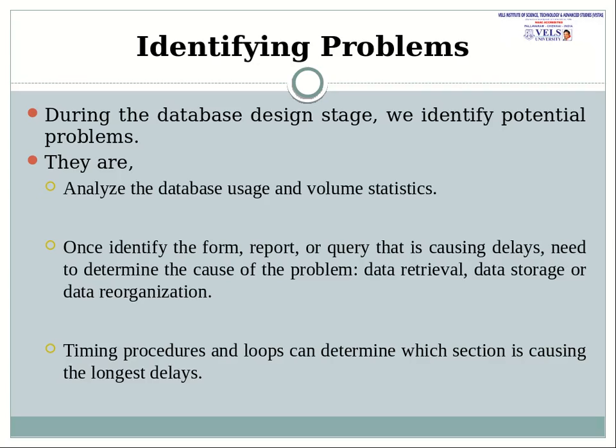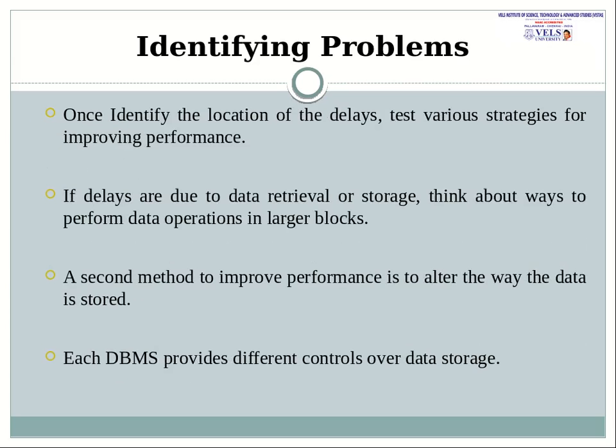Use timing procedures and loops to determine which section has the longest delay. If you are using a looping statement and there is a long delay, some problem may have been raised. Once you identify the location of the delays, test various strategies for improving performance.